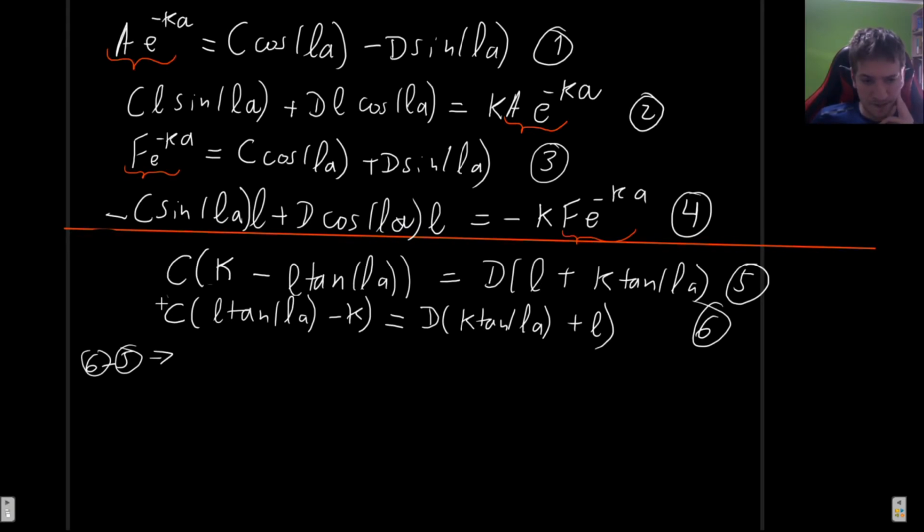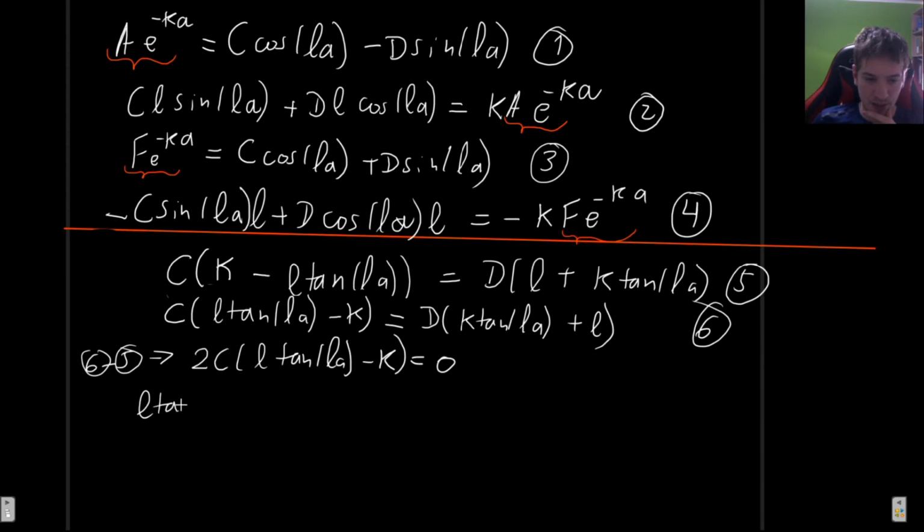So when we do that, the right-hand side will just cancel out because it's the same, and then we are going to have 2c L tangent LA minus k, and this has to be equal to 0. So in order for this to be 0, we want this thing right here to be 0.